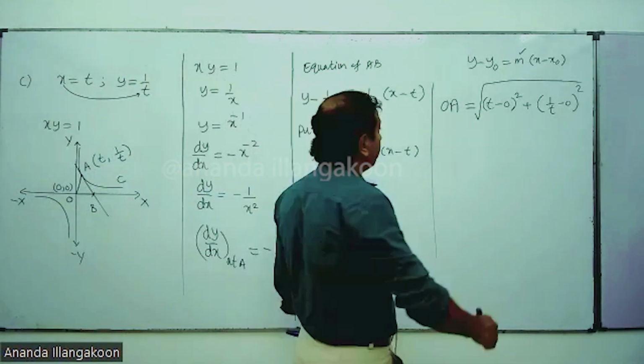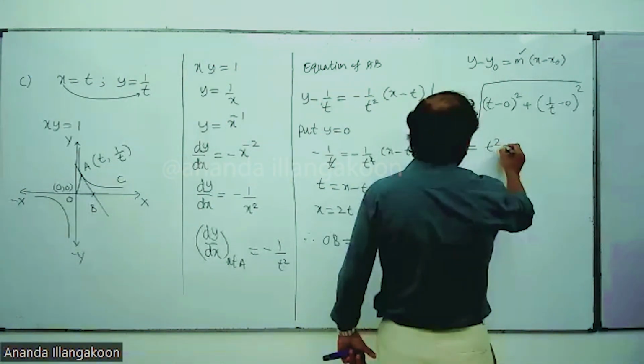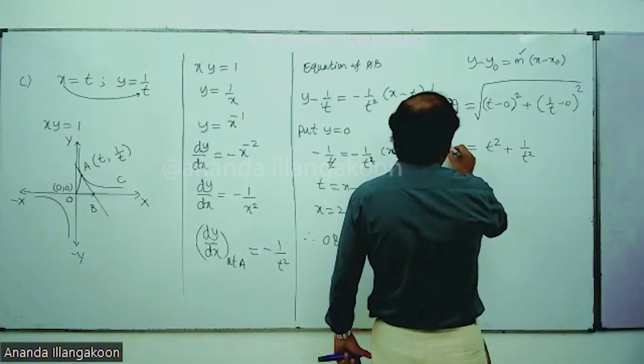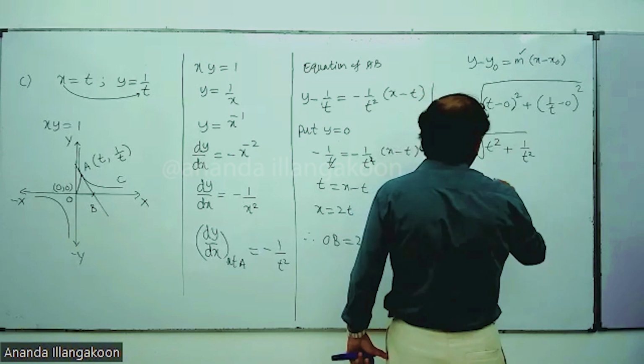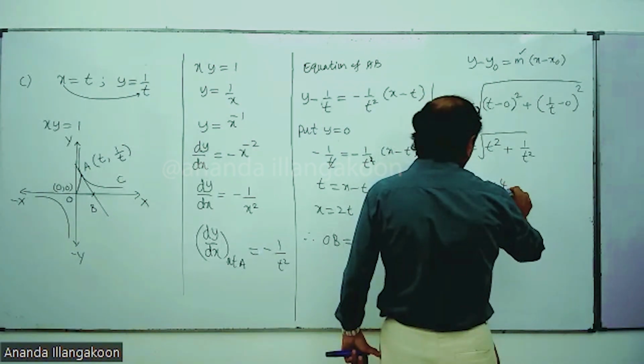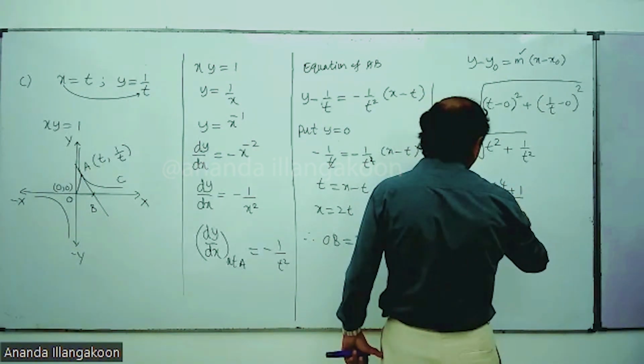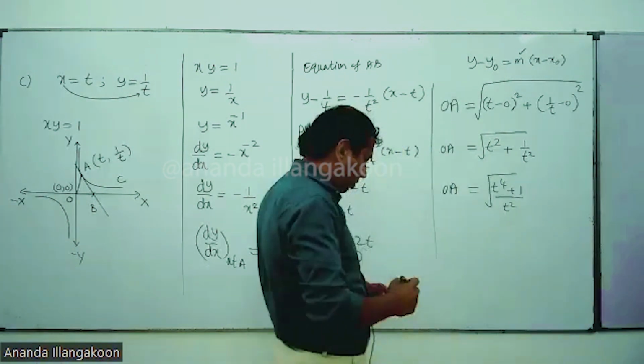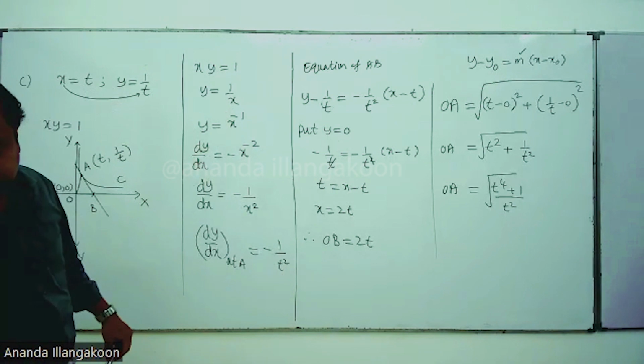Now simplify this. We get t squared plus 1 over t squared. OA is the square root of t to the power 4 plus 1 upon t squared. OA we get this way, but the answer is not coming. See what happens here.